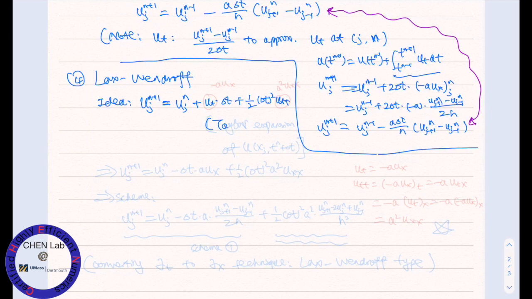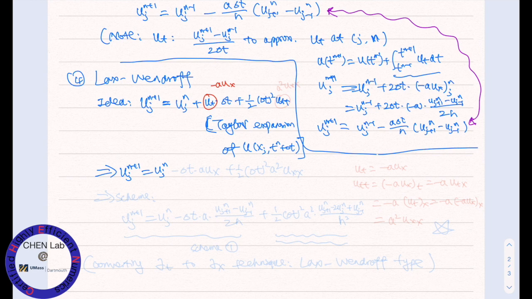This is just the Taylor expansion of u at x_j, t_m plus delta t, along t. t_m plus delta t is like t_{m+1}. So this means u_j^{n+1} is u_j^n.